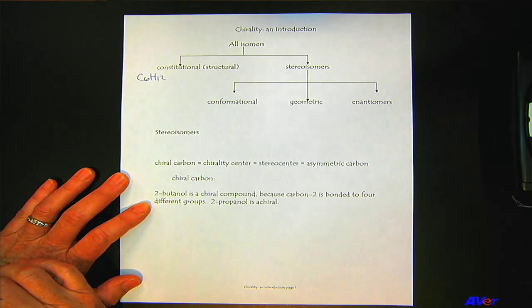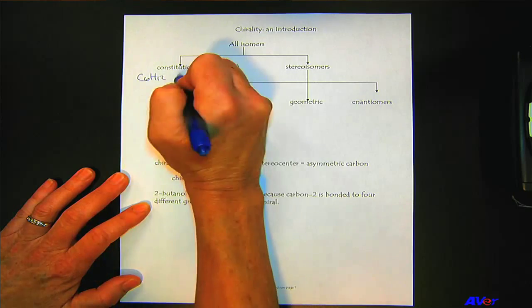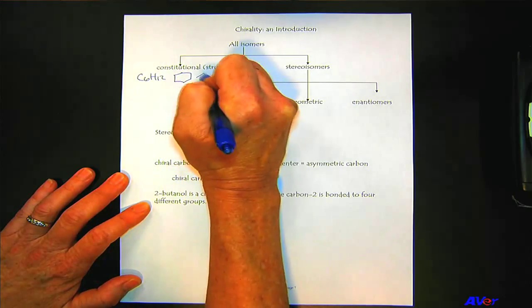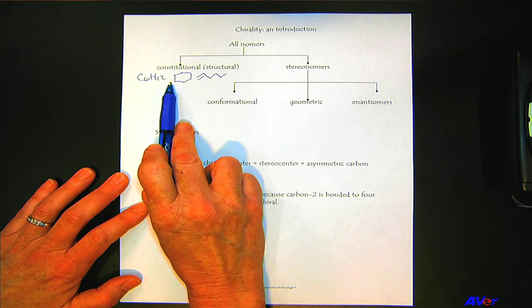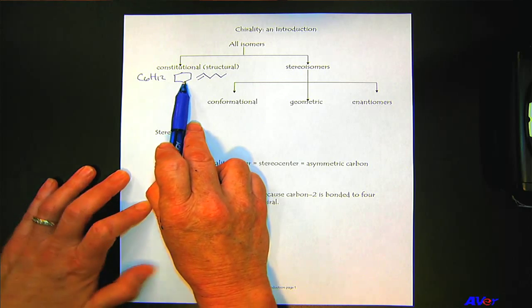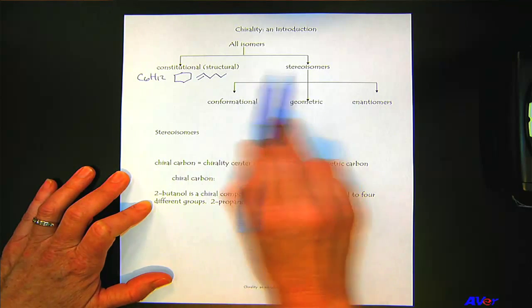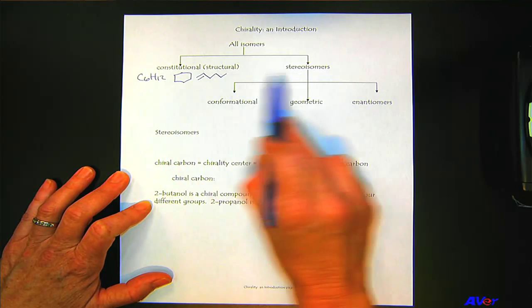So we could have compounds that have the same chemical formula, but they are connected very differently. Right? So both of these compounds are C6H12, very different connections. All right? So now, that's same chemical formula, different structure.